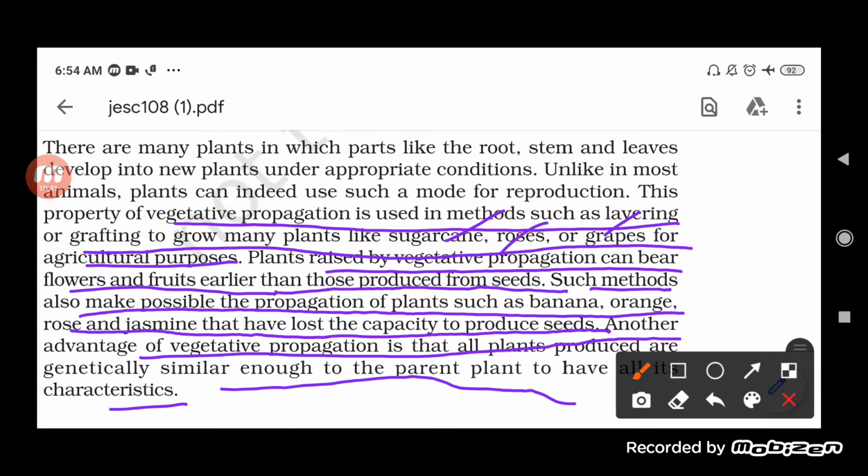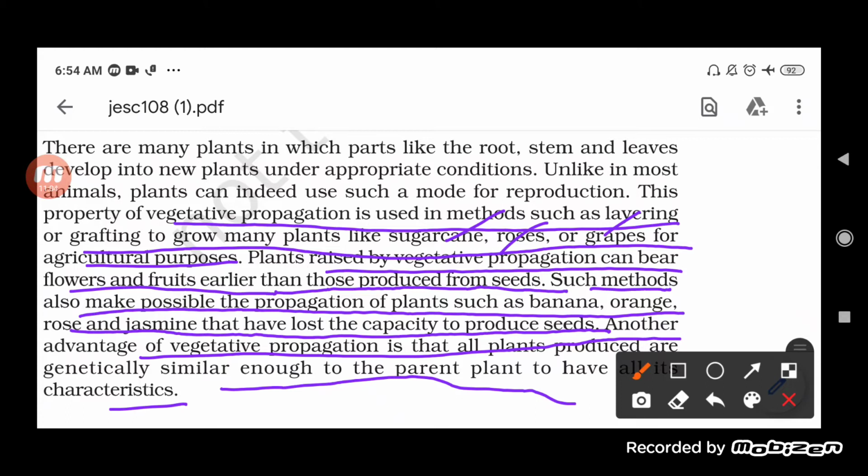Basically, vegetative propagation is a kind of asexual reproduction, and we know that in asexual reproduction, the offspring formed are genetically similar to their parents, right? It does not mean that in sexual reproduction they are not similar; they are similar, but they are not exactly like the parent.